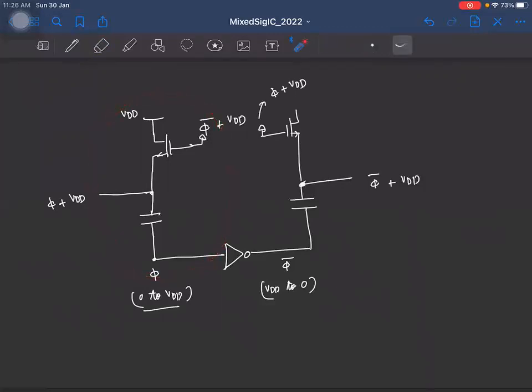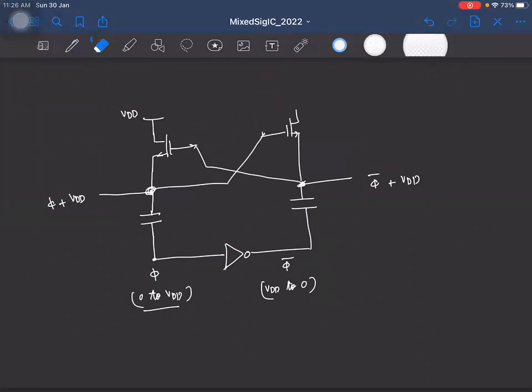Right? Now you notice that this gate needs a voltage phi bar plus VDD, and we have phi bar plus VDD available here. Right? And similarly, this gate requires a voltage phi plus VDD, and we have phi plus VDD available here. So we can simply connect the gate here and this gate here. Okay.